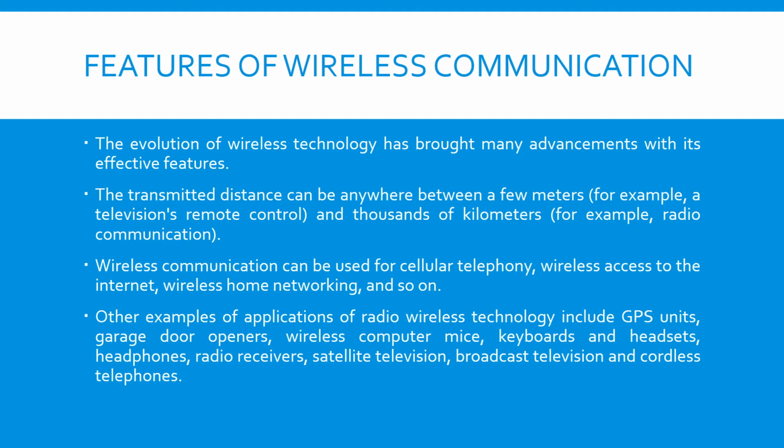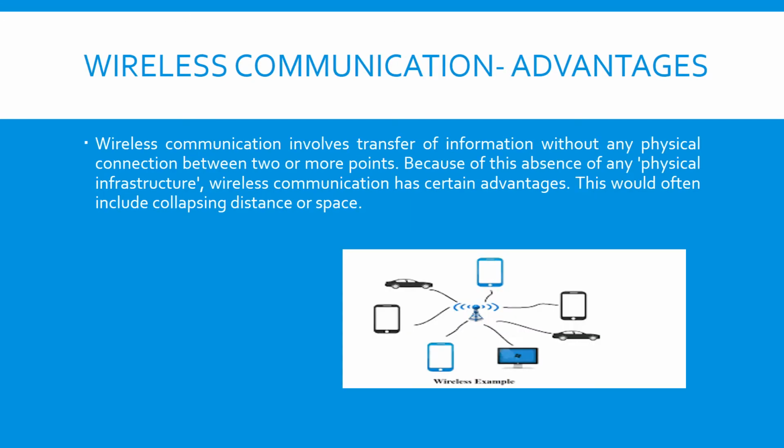Then radio receivers, we have radio transistors at our houses. Then satellite televisions, the cable network that we see, the broadcast television, and cordless telephones. So many devices are there which use the wireless technology.